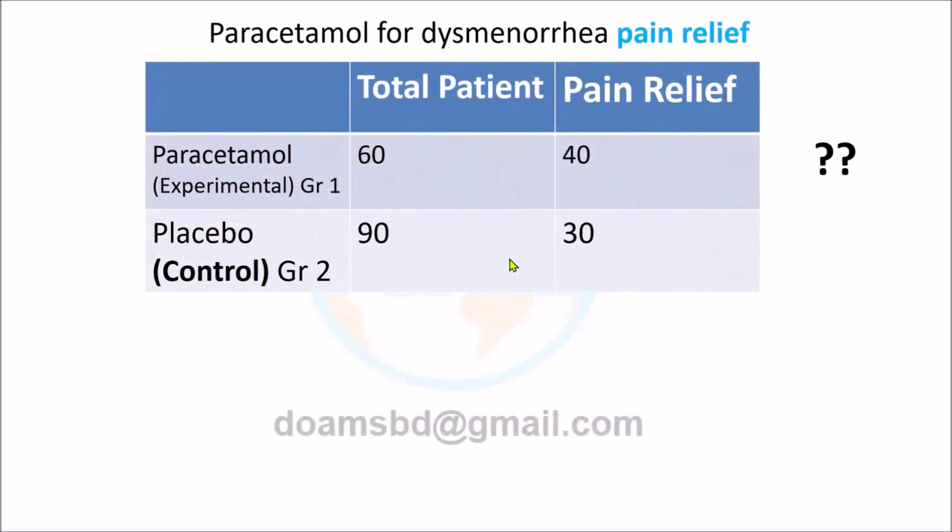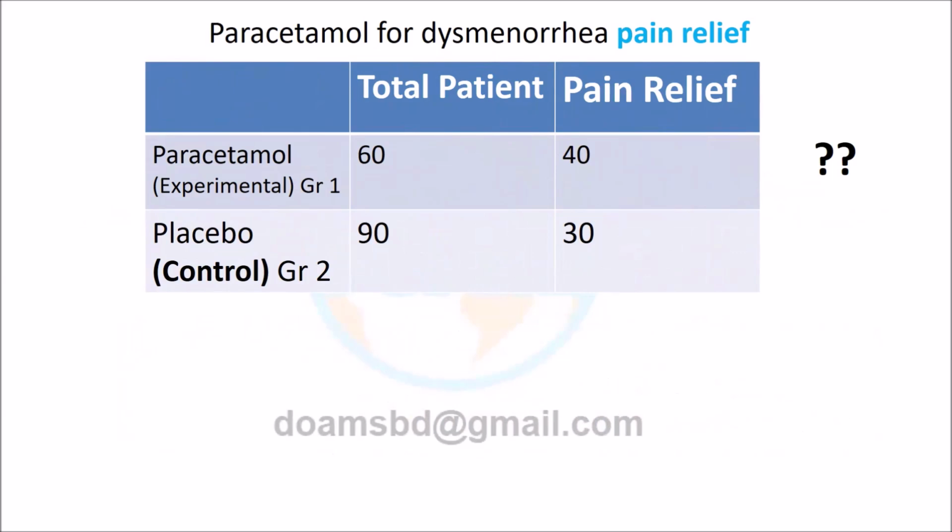Now, again, make this table, please. Paracetamol for dysmenorrhea pain relief. The experimental group, we are telling group 1, and the placebo group, we are telling group 2.